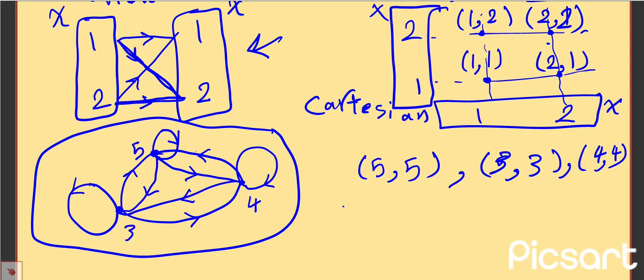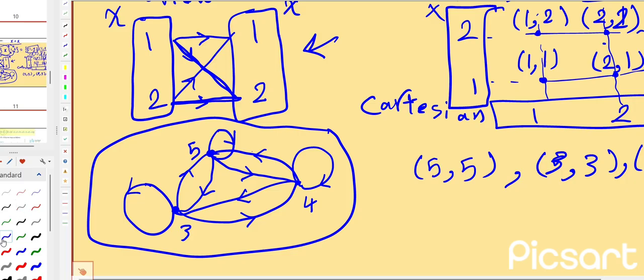Okay, keep going. Wait, I will clarify something. We have finished this, and this, and this. Okay, now get 5 and 3. Wait, where is 5 and 3?